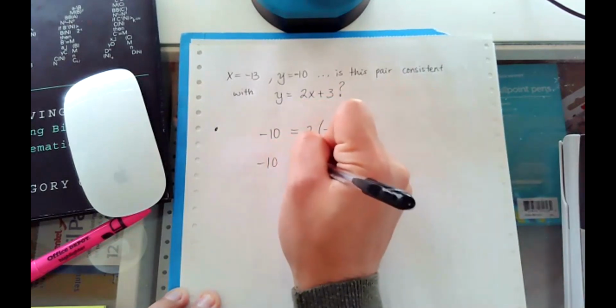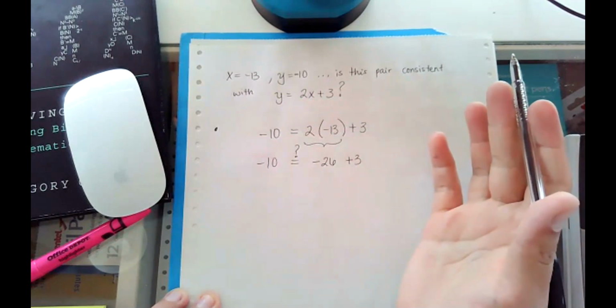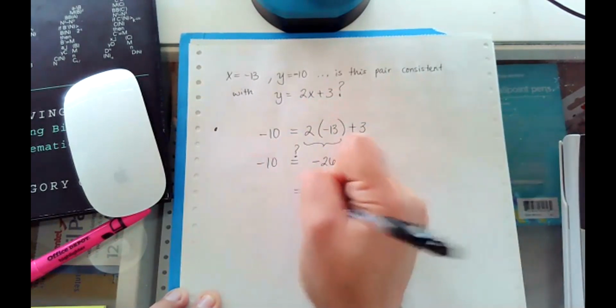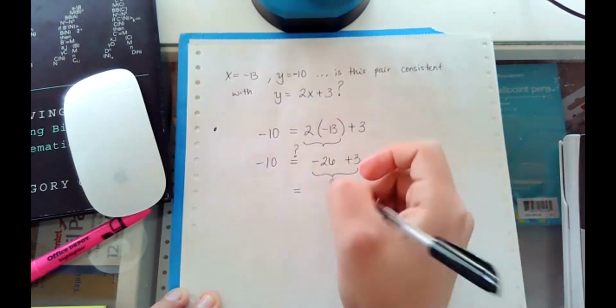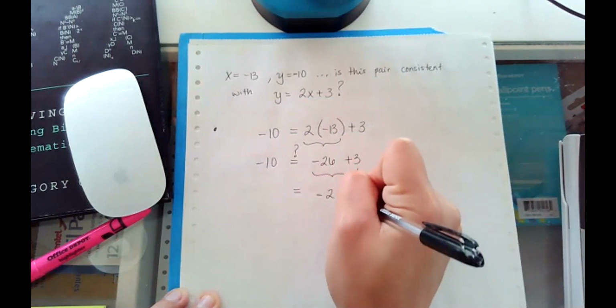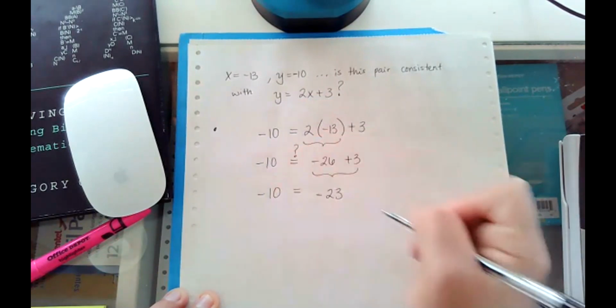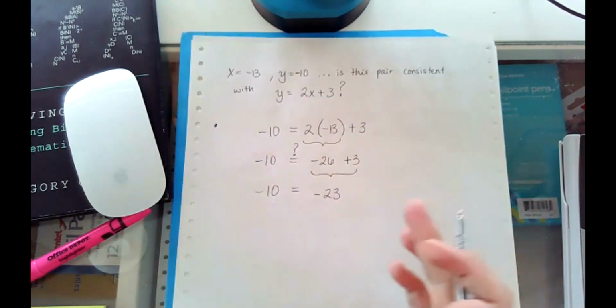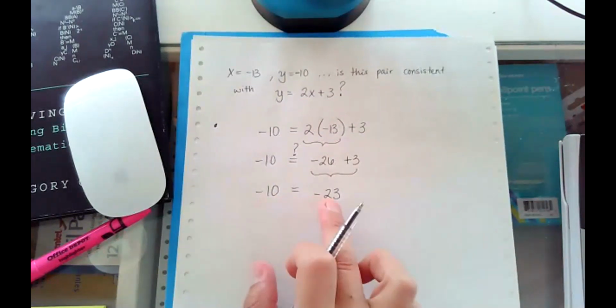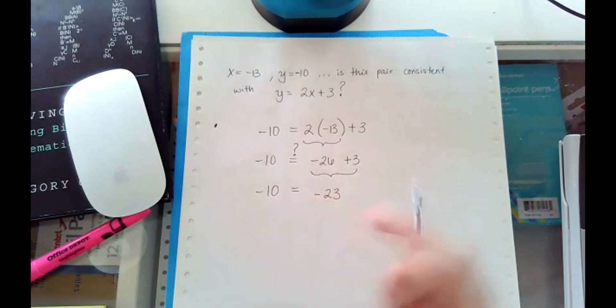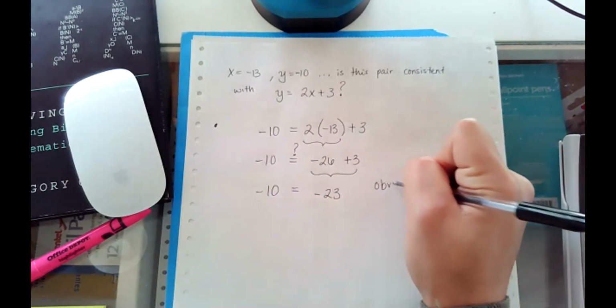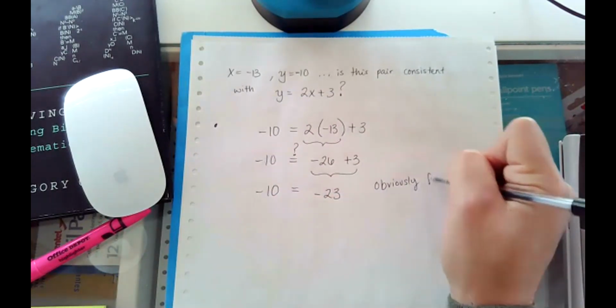And I'm not sure if this is going to be consistent, so I'll just throw a question mark in there. I'll go ahead and simplify this side of the equation. Get negative 23 there and negative 10 here. And then I have this statement, negative 10 is equal to negative 23. Well, that's obviously false.